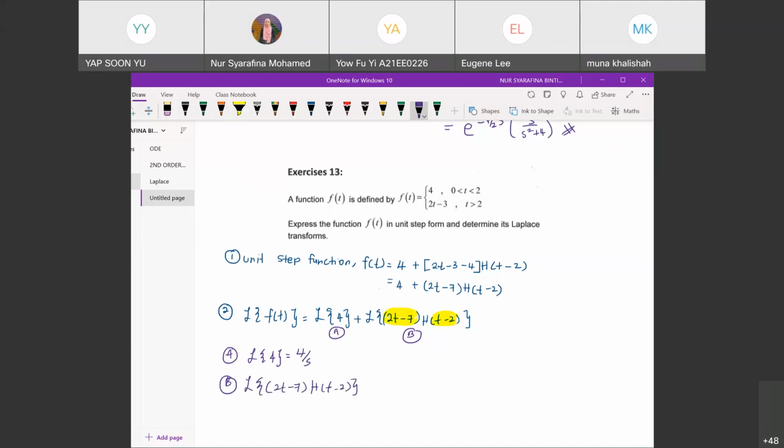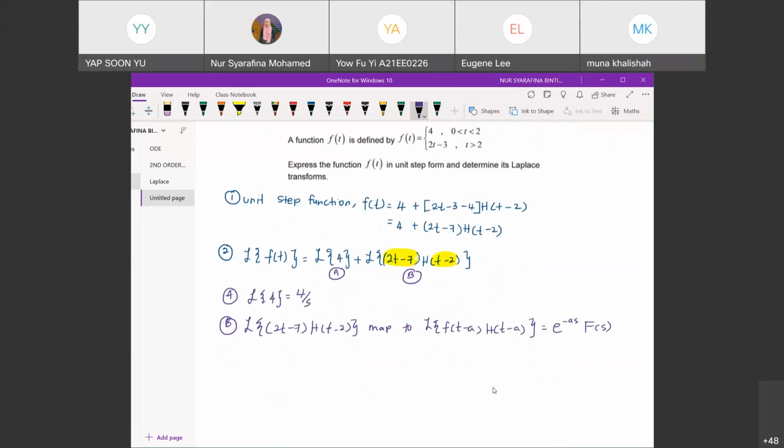When you have a function together with the unit step function, it is always mapped to transforming f t minus a, h t minus a, and by the second shifting property, it is exponent minus as F s. But the first thing to do is to make sure that both f and h have t minus a. And we cannot change this because t is minus 2 already. So we need to create t minus 2 inside here. So 2t minus 7.